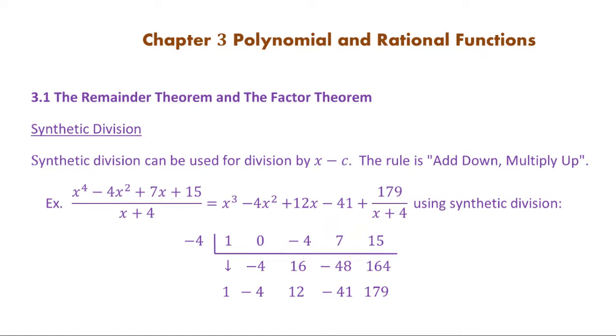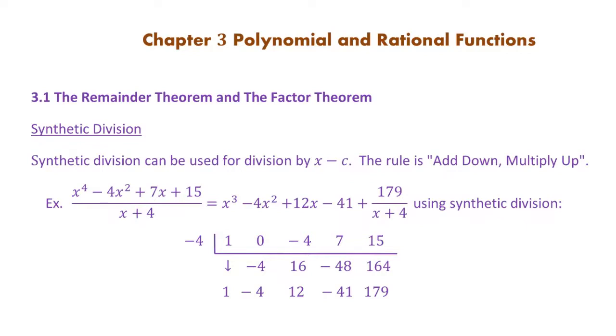The quotient starts from x cubed. You got x to the fourth on the top as the highest power, and you divide by x plus 4, so you're going to get x cubed as the highest power.